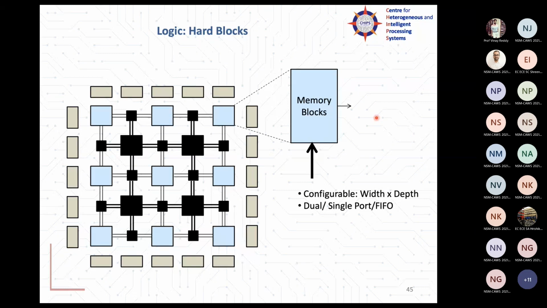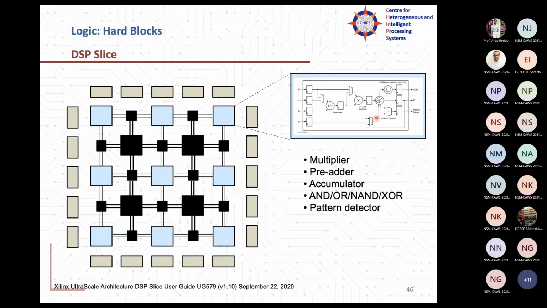In addition to that, we have what are called DSP slices. DSP slices are nothing but operators that are found to be frequently used in most applications. You can think of it as your own ALU in your processor.